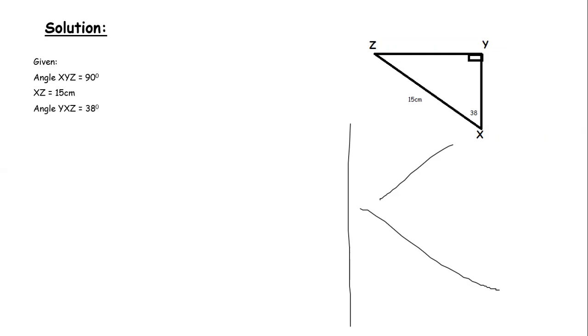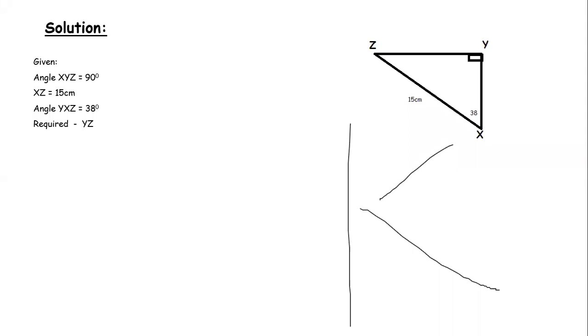Then we're told that angle YXZ is 38 degrees, which is also indicated in the diagram. So the next thing for us to do now is, what are we asked to find? Required: we are required to find length YZ.